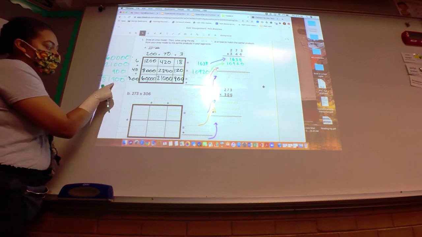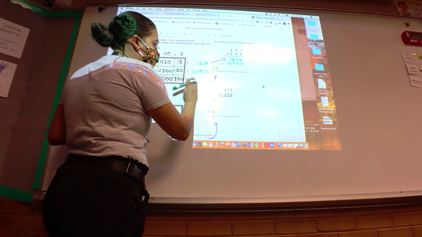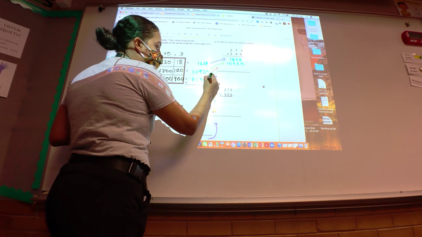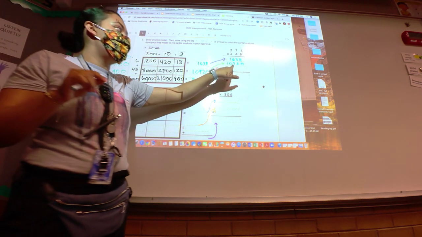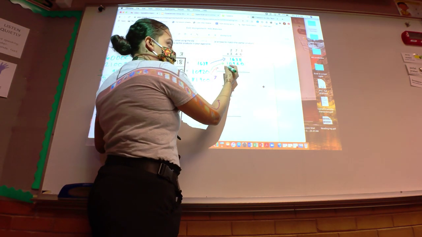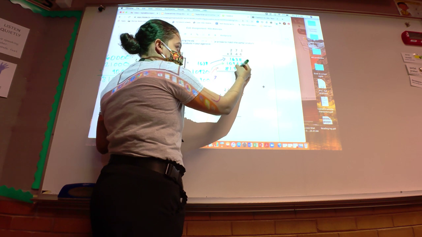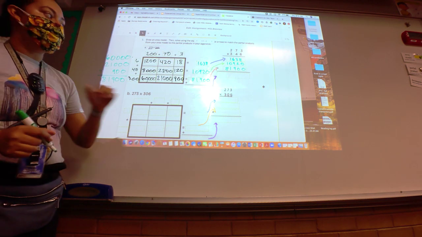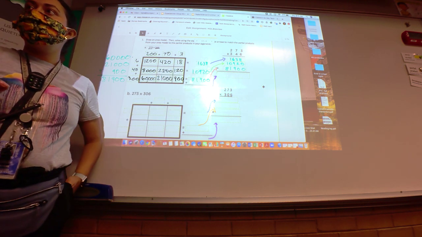So 81,900, which is also our partial product for the standard algorithm in the third row. And I know on the class tip assignment it's a little bit harder to line them up.